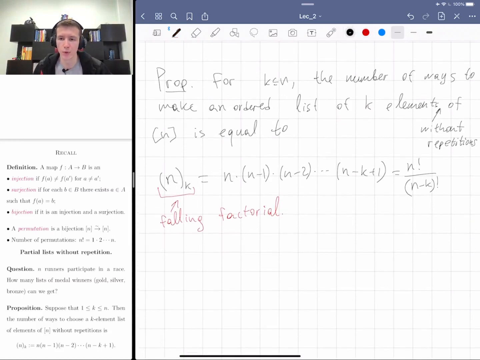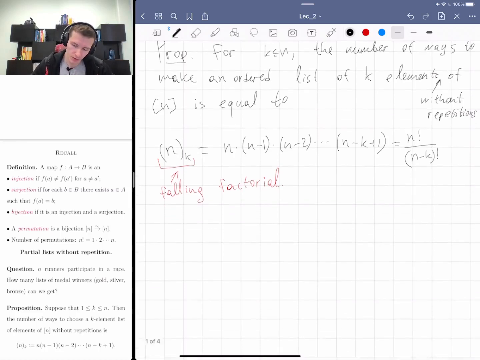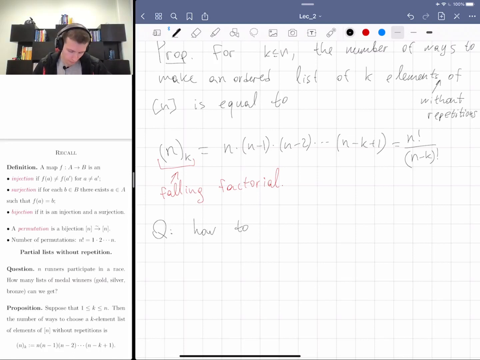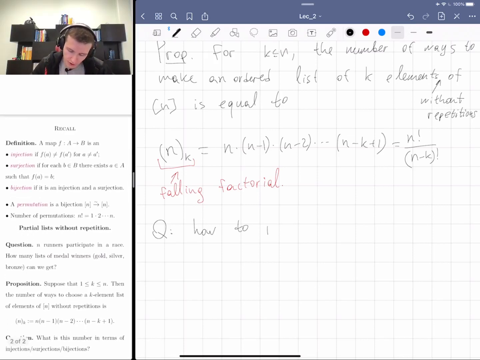Is it clear? Let me know. Are there any questions on how to prove this proposition? Okay, no questions. So here is a question I have: how to restate this problem and this number in terms of injections, surjections, and bijections.